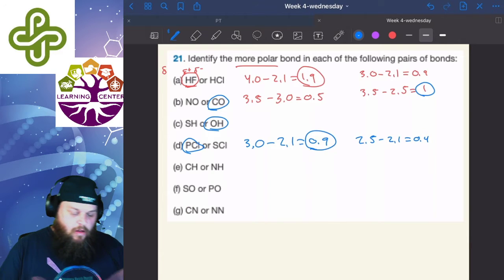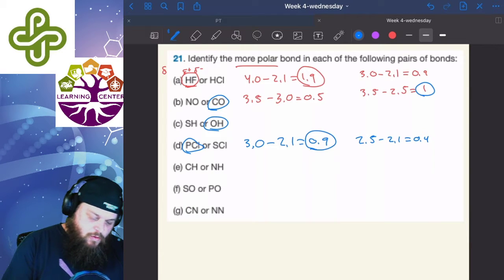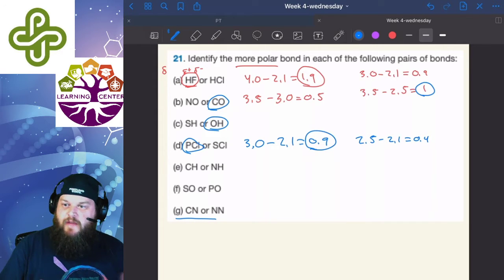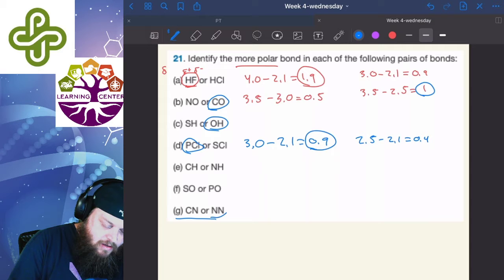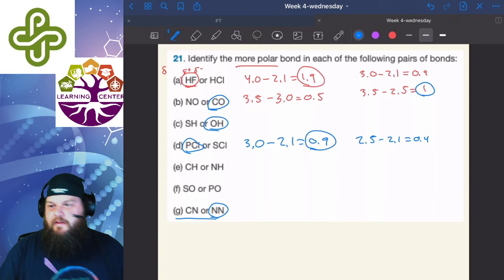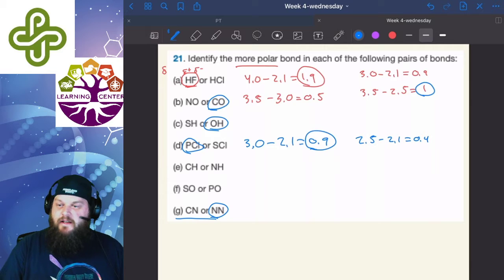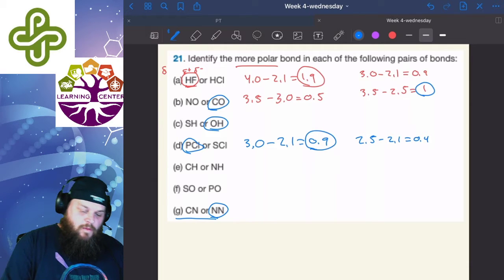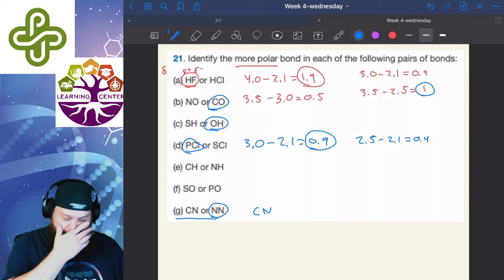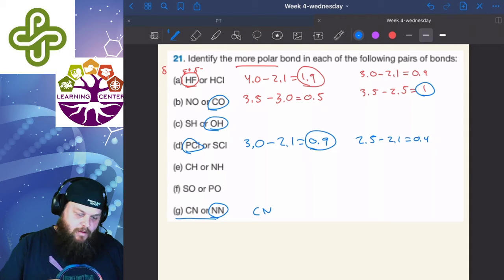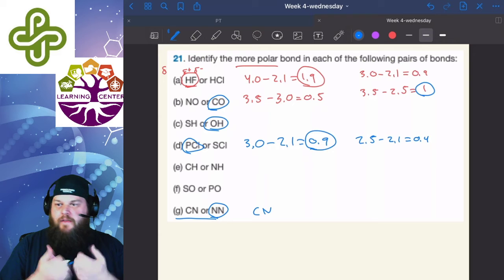And we can do this with all of them. I'm going to skip down to this last one here. It's really the same idea. We're just subtracting those out. This one should be a really easy one because we have nitrogen bonded to nitrogen. That's dinitrogen, or elemental nitrogen we call it, because it's a diatomic gas. When CN is bonded together, we really have the electronegativity between carbon and nitrogen.